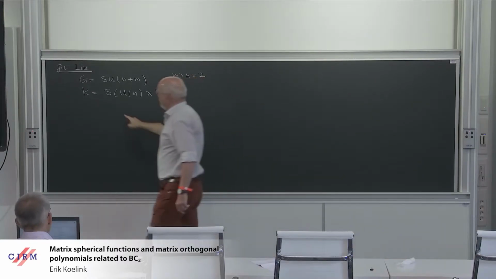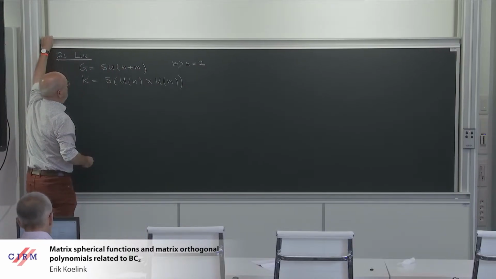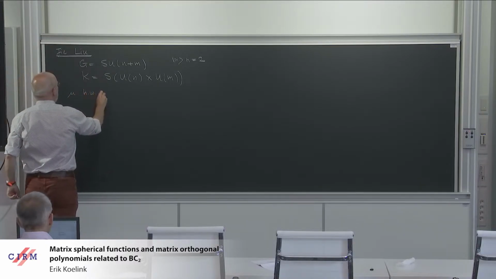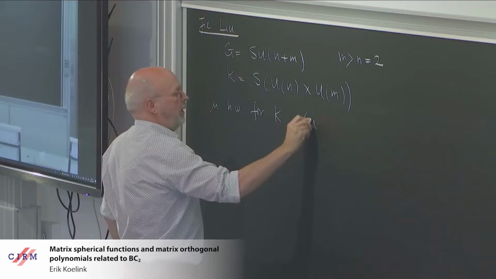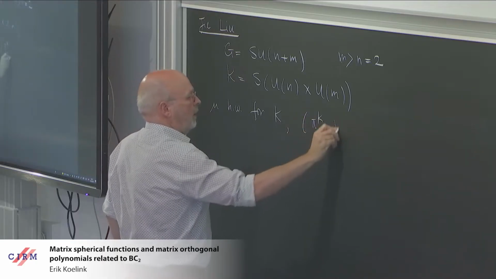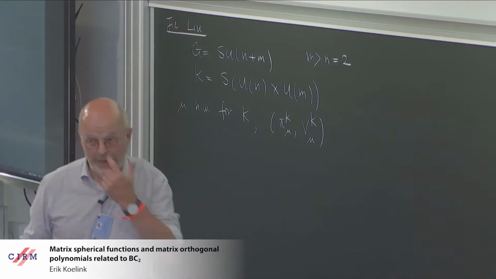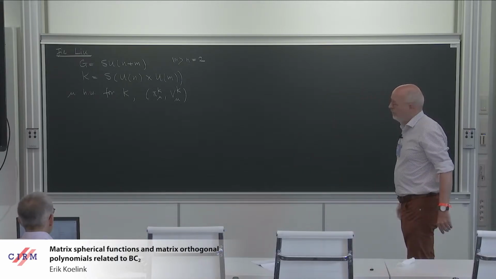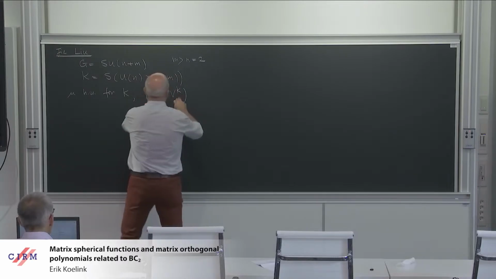Well, we want to take a representation, say μ is the highest weight for K, and we have the corresponding representation. I'll try to be precise about labeling the representations for which groups, typically K or G. So there is some fixed representation here.